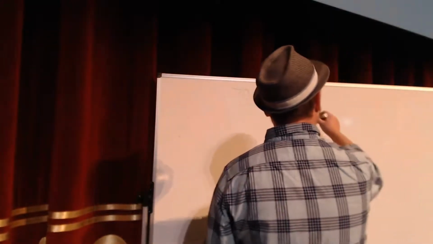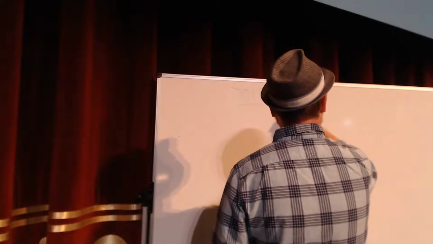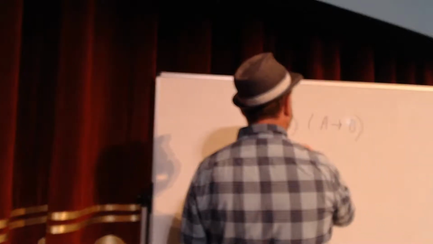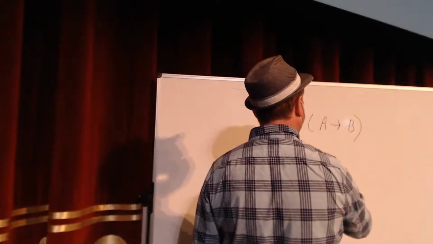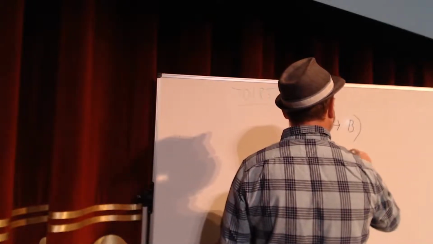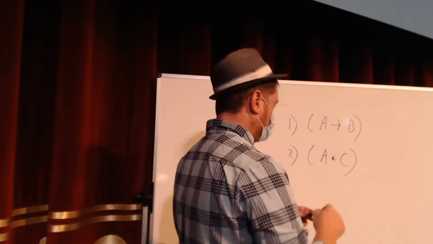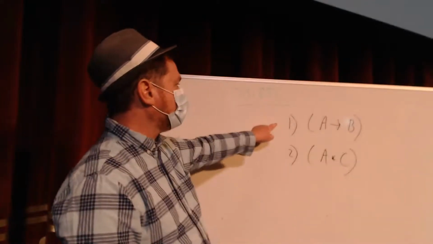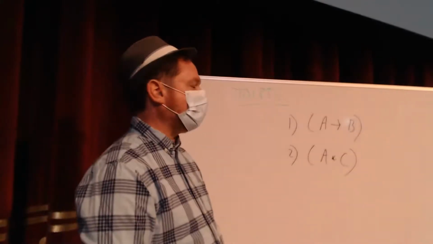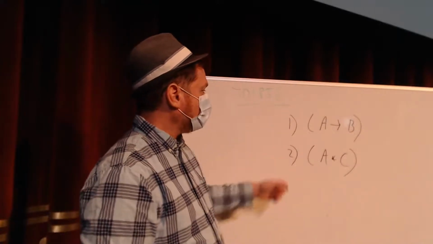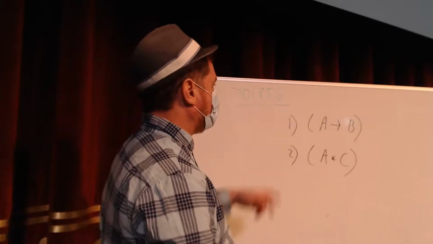All right, so let's say statement 1 is if A, then B, and statement 2 is both A and C. If we try to just do the I rule first, I would look at each of these and say, nope, can't do an I rule with number 1. Then with number 2, I'd say, okay, let's try the S rules.